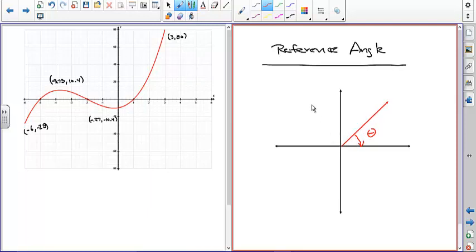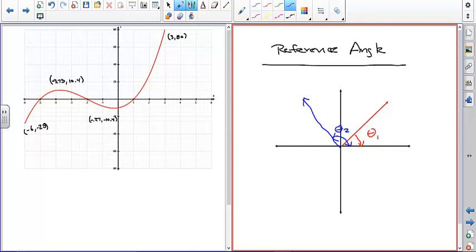Now, if I had a second angle that went this way, let me use a different color. So here's another ray. This is in the second quadrant, and the angle is this angle. Let's call that theta 2, and this is theta 1.